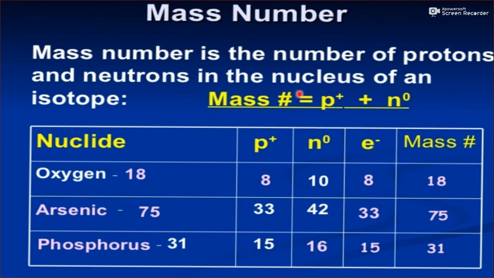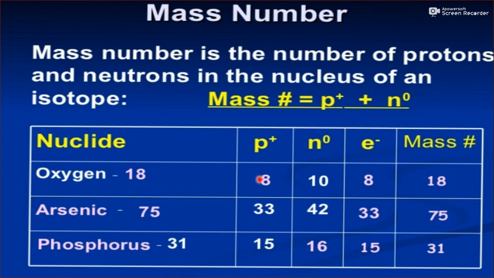And mass number, as in this formula, mass number is equal to proton plus neutron. So proton, neutron, electron. Oxygen has atomic number 8 and mass number is 18 basically.